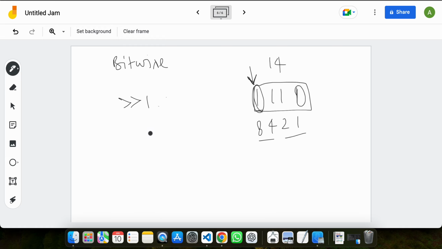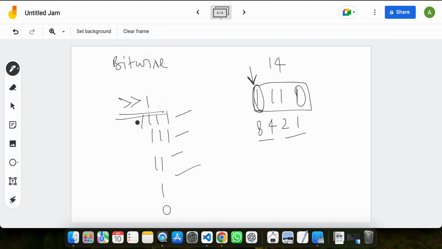After doing one right shift, it will become this, then this, then this, then 0. So until this number becomes 0, I will keep performing this right shift of one bit. So I will find out how many times I need this shifting operation. I will need 4 times. I will start with this.